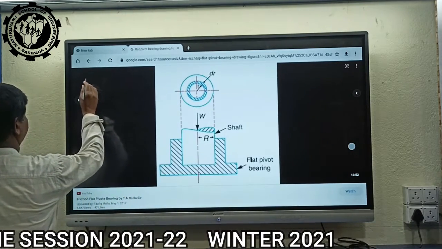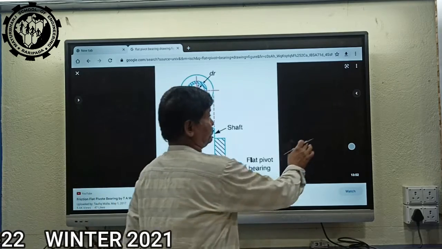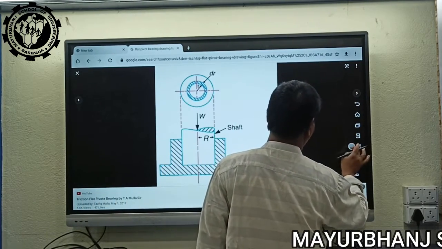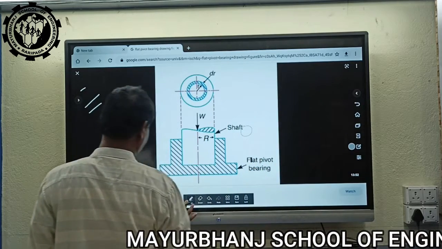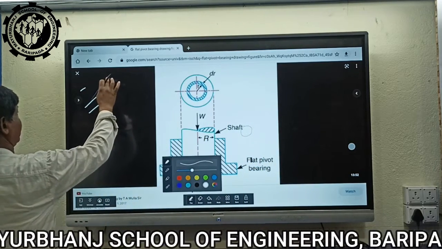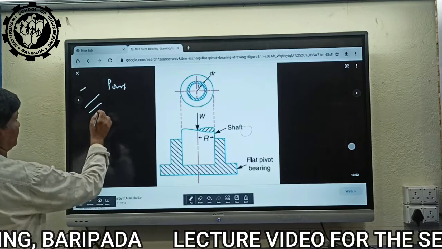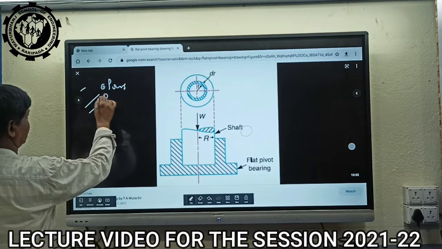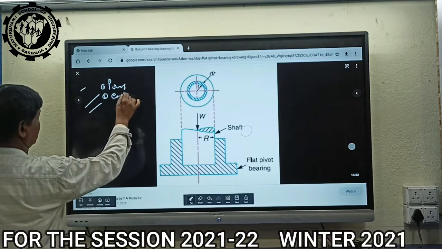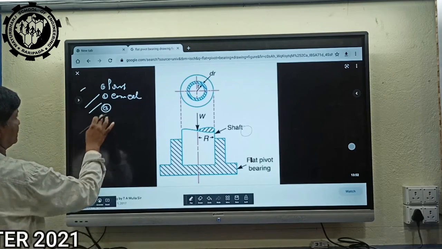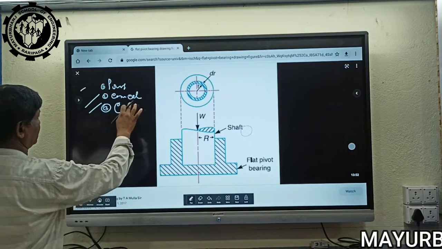First, the flat pivot bearing. Second, the conical bearing. Third one is the collar bearing.